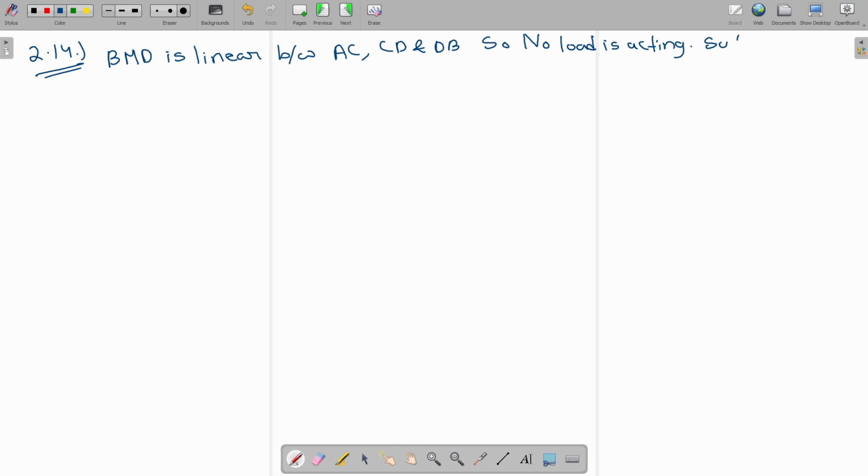However, sudden change in BMD at C and D implies couple. That is, the couple is acting at C and D. Now what are those couples?